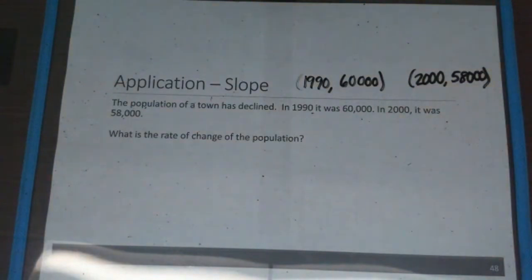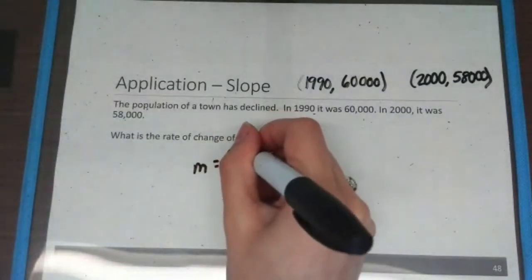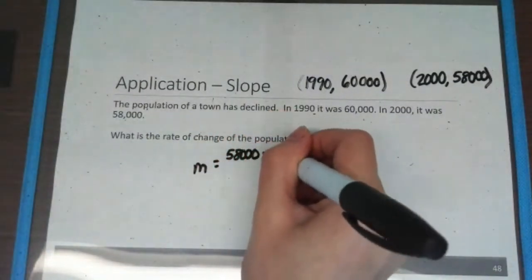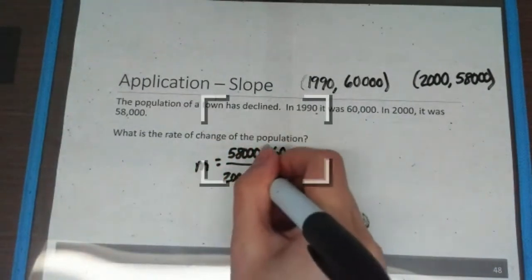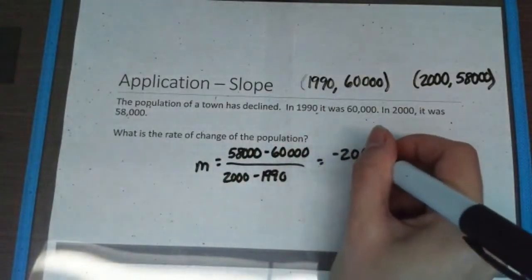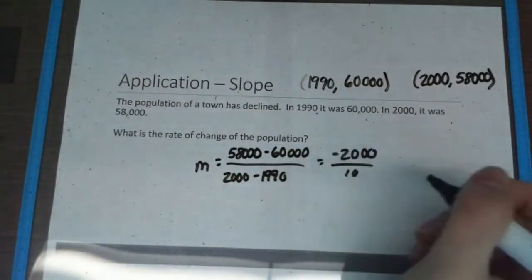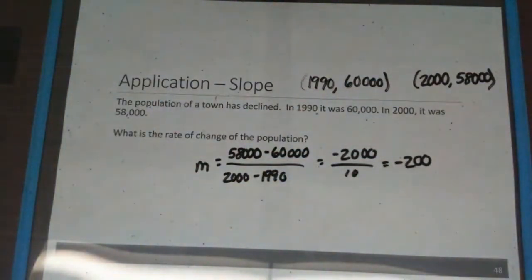So if we want to find the rate of change, we're going to find the slope. So I'm going to take 58,000 minus 60,000 over the year 2000 minus the year 1990. That gives us negative 2,000 divided by 10, which is negative 200. Now, kind of like in the last problem, how we looked at the units, we're going to look at the units for this one as well.